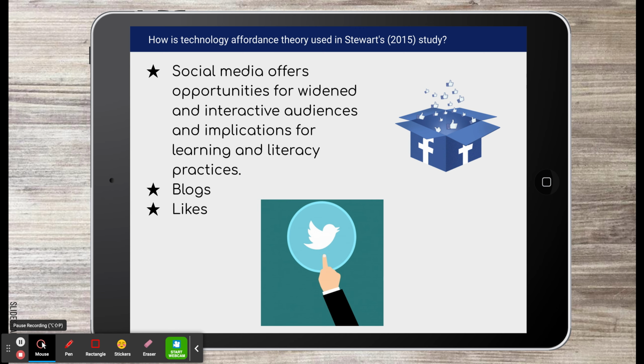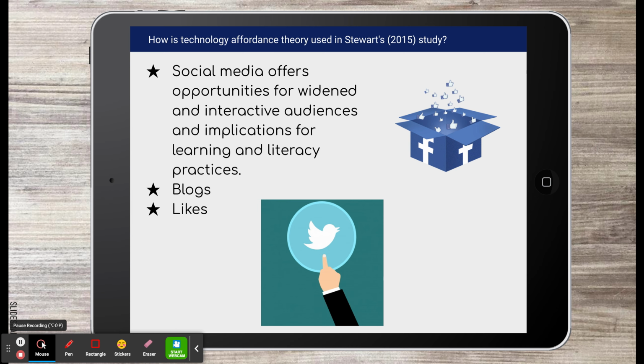But as far as an affordance, yes, social media is definitely considered a technology that shares information and is conducted over the internet.